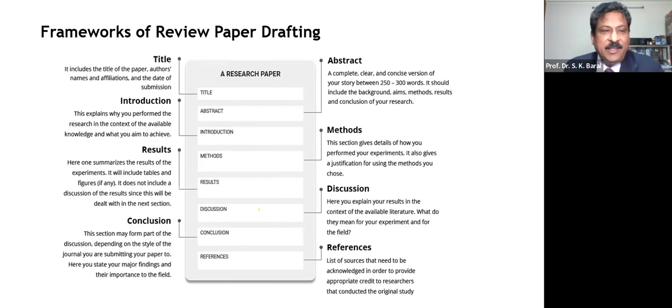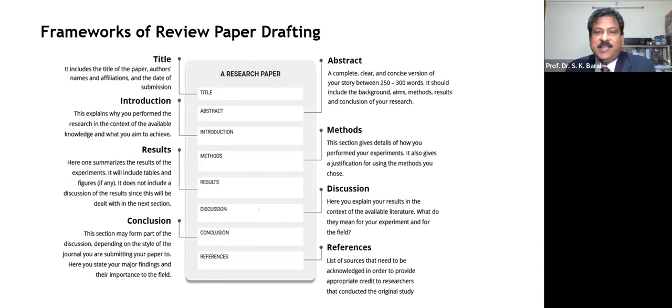So the title includes the name of the paper and the author's name, affiliation, and all other required information on the basis of the requirement of the journal. So you have to see what exactly the journal needs. Sure.